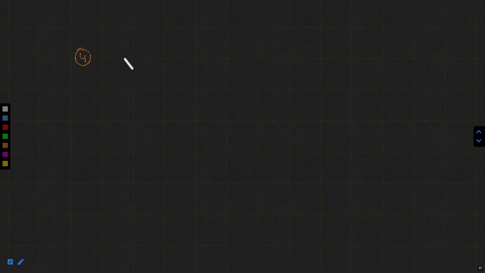So we have 5 carbons now. 5 carbons. So 1, 2, 3, 4. Suppose I place it here, 5 carbons. Now just try to place the alcohol. Suppose I am placing first alcohol here. This is CH3, this is CH2, and this is CH3.